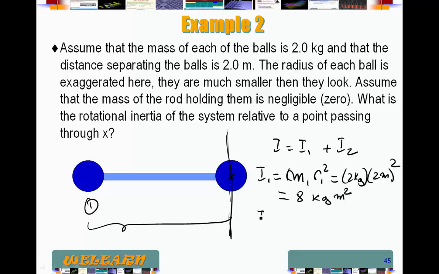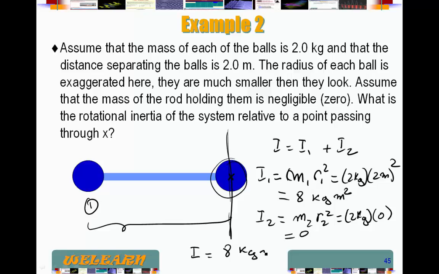For the second mass, I2 is going to be m2 r2 squared, which is going to be 2 kilograms, but the second mass does not have any distance away from the axis of rotation, so r for that second mass is 0. So I2 is 0. My overall moment of inertia then is just 8 kilogram meter squared.